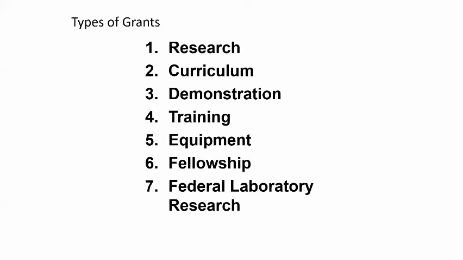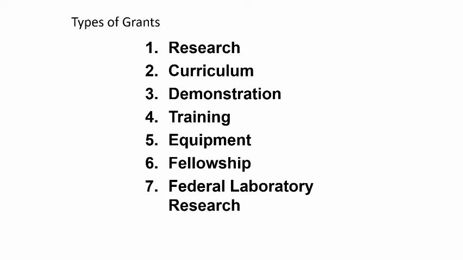Here are the types of competitive grants that you may see: research, curriculum, demonstration, training, equipment, fellowship, lab research. For a small business, a curriculum, demonstration, or training grant will probably be most applicable.